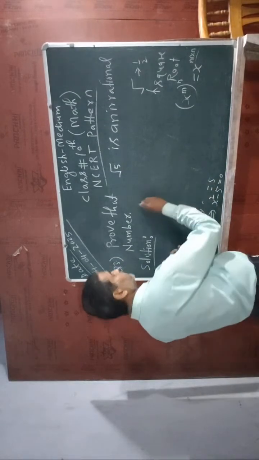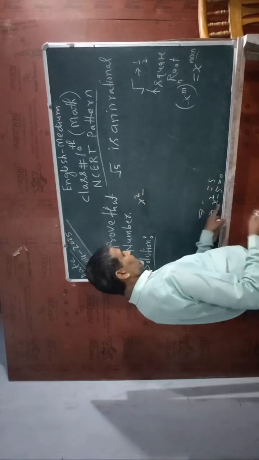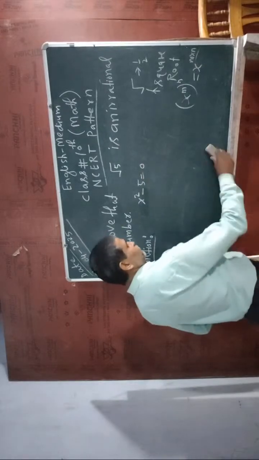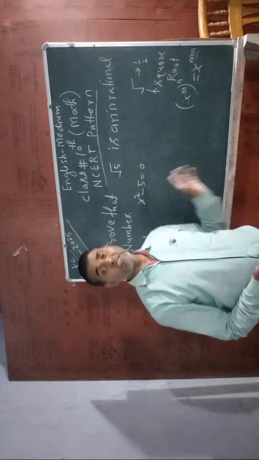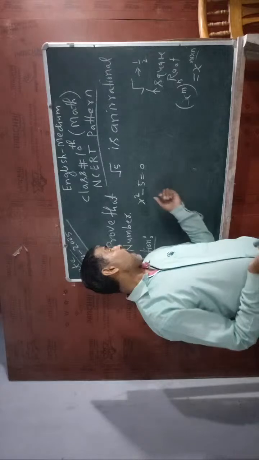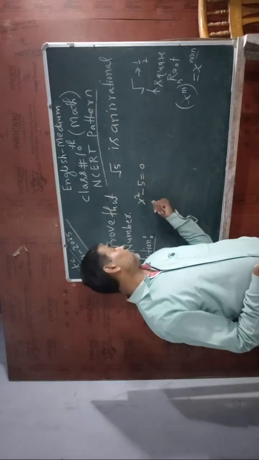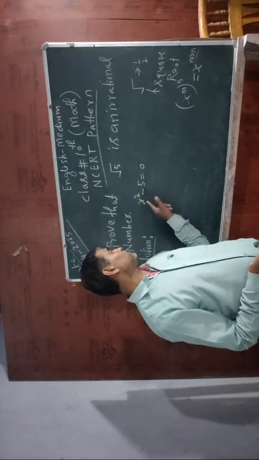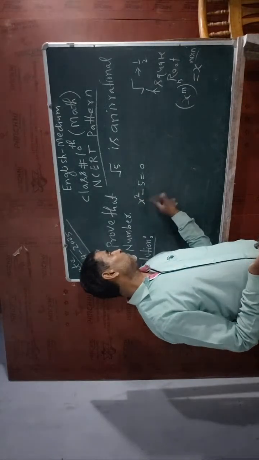So here I have got a quadratic equation x square minus 5 is equal to 0. Here I will use the concept of the Sridharacharya method. With the help of the Sridharacharya method I can get its solution very easily. x has power 2, so its degree will be 2.